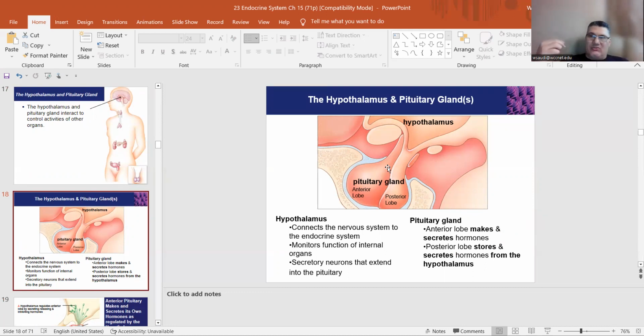I'm going to secrete two hormones, and these hormones will be stored in the posterior pituitary, and then secreted. So this is my participation. Don't think that I'm just giving orders. No, I produce two hormones, which are ADH and oxytocin, and these are only stored in the posterior pituitary and released as needed.